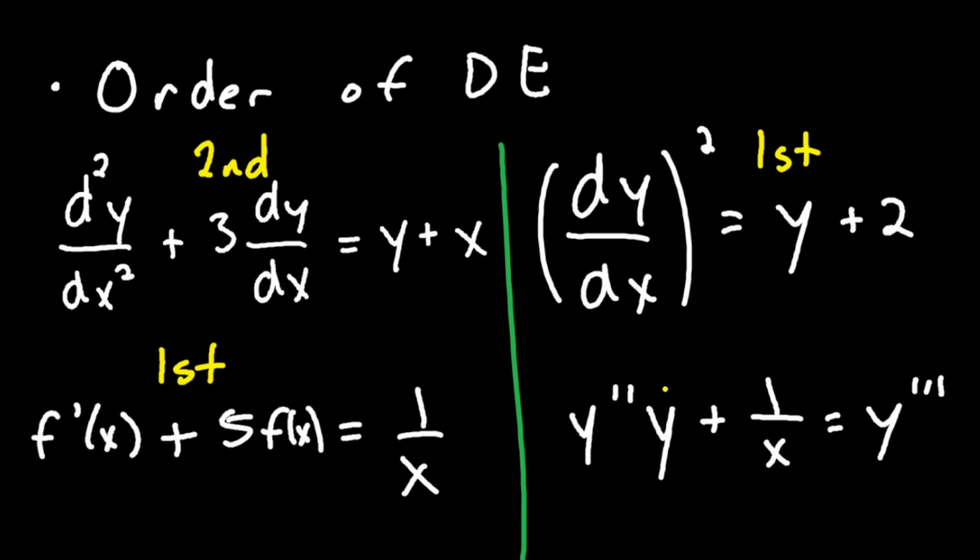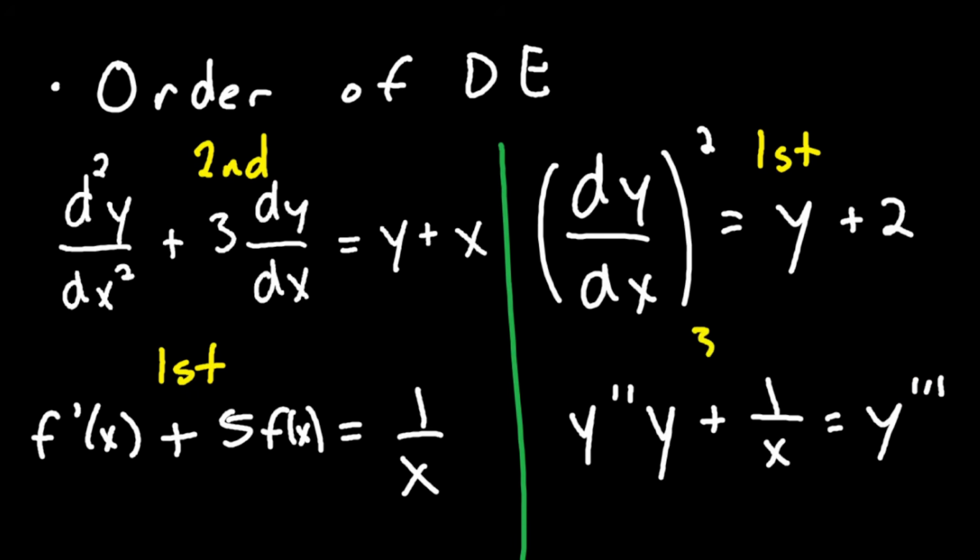Well, we have y double prime times y, just the second order derivative times the original function, the 0th order derivative, plus 1 over x. So currently we have a second order derivative, that's our highest, but this is equal to y triple prime. Okay, well, since this is a second order derivative here, and we have a third order derivative, what's the order of this entire differential equation?